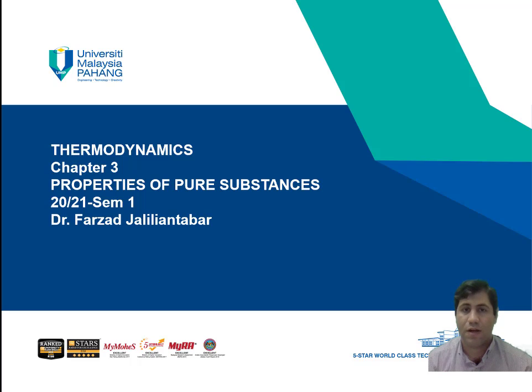Today we will start chapter 3 of the course and we will discuss the properties of pure substance. This chapter is very important, especially for future chapters. You will learn more about the substances which we have for thermodynamic systems.